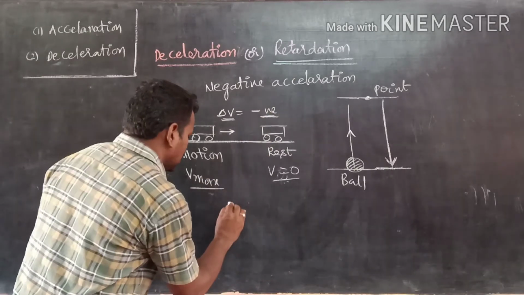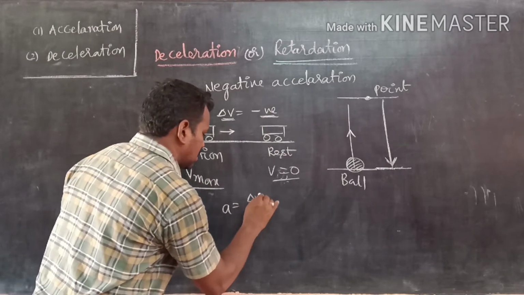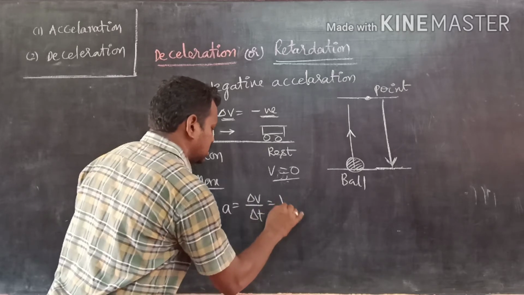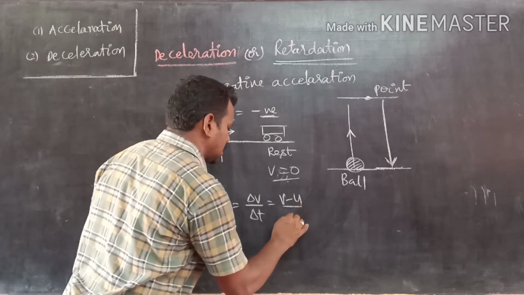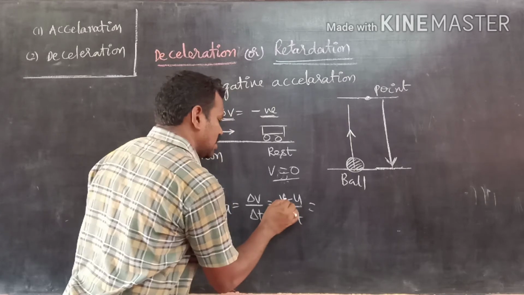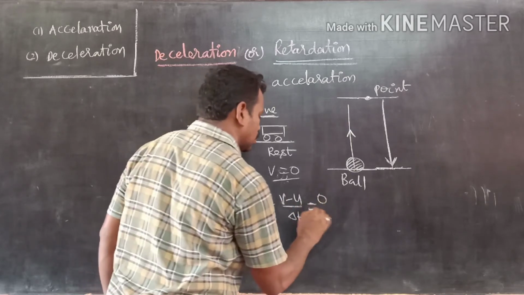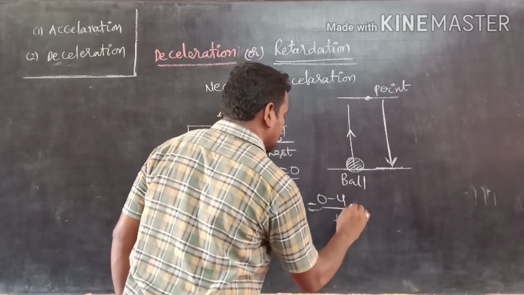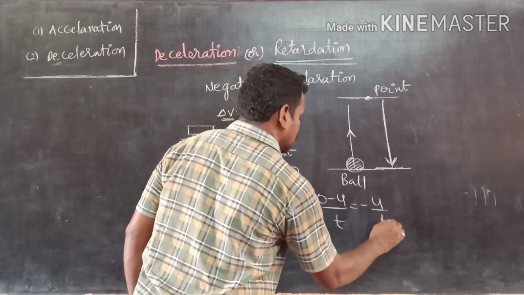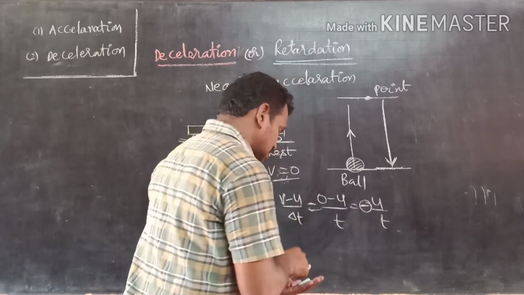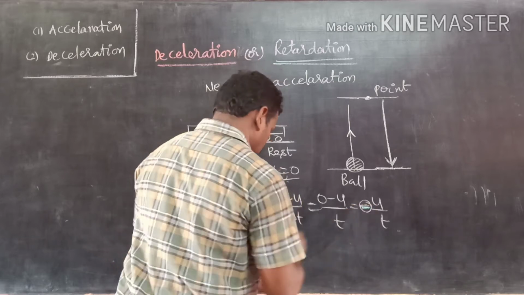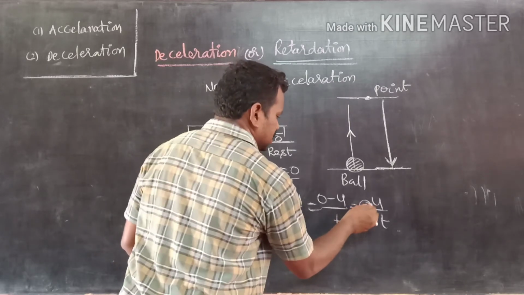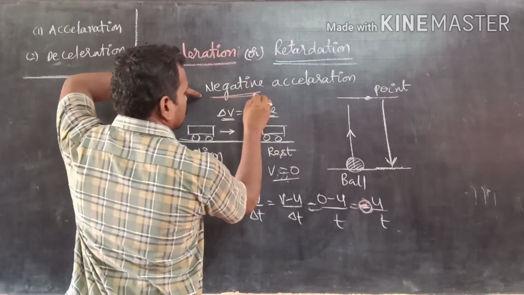Why? Because a = Δv/Δt, that is nothing but (v − u)/t. What is the value here? Final velocity is 0, so (0 − u)/t, that is equal to −u/t. Here the minus symbol indicates negative.